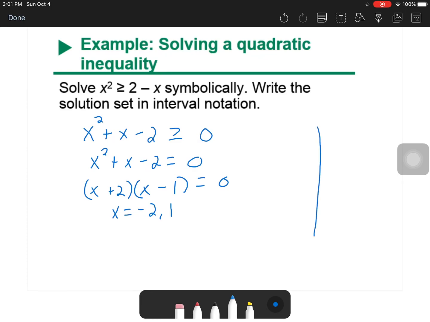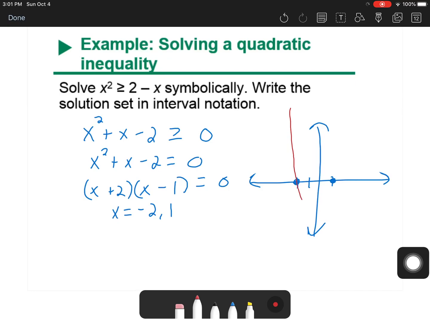And now, like I said, I really like to sketch the graph. So we got negative 2, positive 1. And really, I don't care about my y scale or anything. I just know that because I solved it like this, positive quadratic term, it's going to open upward.